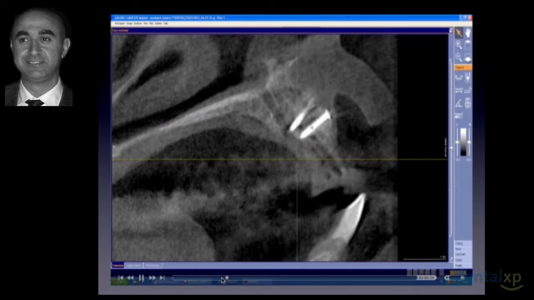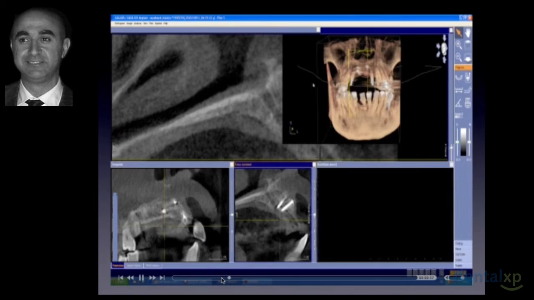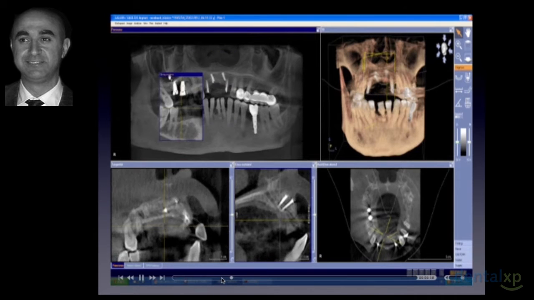You can see the amount of bone that has been achieved. Everything is fine in place.